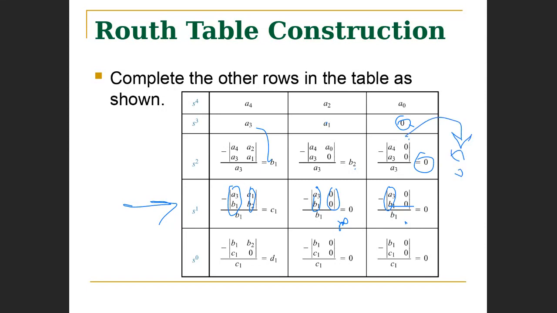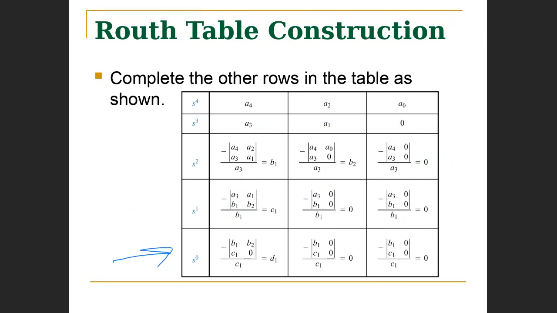Again, we're going to continue going downwards. So we now have this last row to populate. There's going to be a number of rows equal to the order of the polynomial plus 1. In fact, I should say it will equal the number of elements in the polynomial, which is the power plus 1.